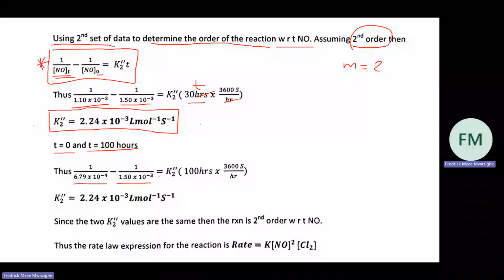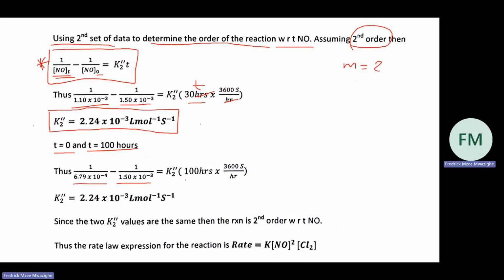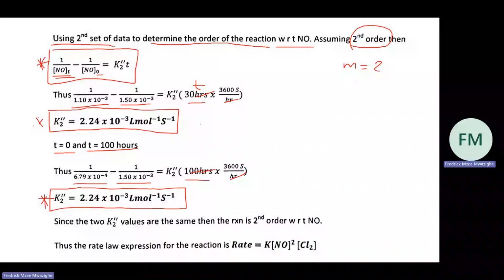So this equals K2 prime times 100 hours times 3600 seconds per hour. Again, when you make K2 prime the subject, you can confirm K2 prime is found to be equal to 2.24 times 10 to the power minus 3 liter per mole per second. Now if you look at the two values of K2 prime that we are getting, they are actually the same.